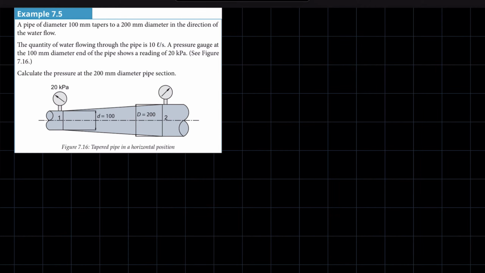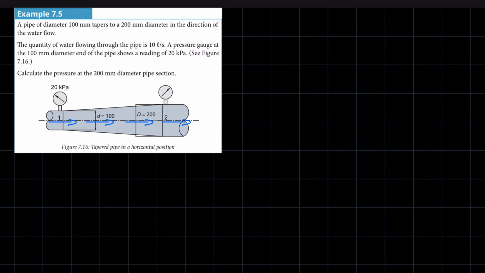That means the water is flowing in this direction, because the direction of flow follows the taper of the pipe.